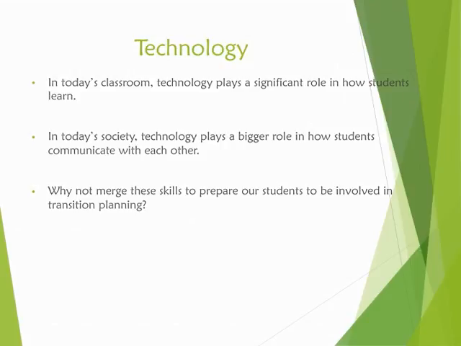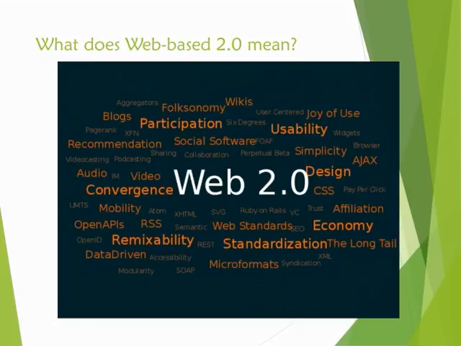In today's classroom, technology plays a significant role in how students learn. In today's society, technology plays a bigger role in how students communicate with each other. So why are we not merging these skills to prepare our students to be involved in the transition planning? So when we say that we're going to discuss web-based 2.0 tools, what does that mean?